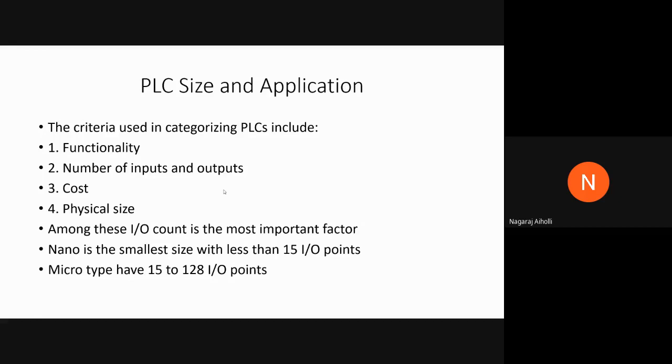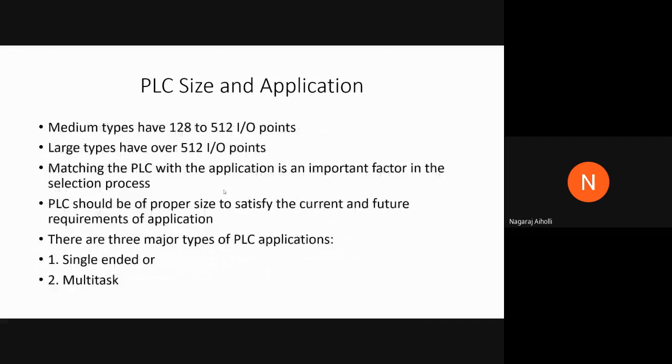Then the next higher version is micro PLC, which is having 15 to 128 input output points. Then coming to the medium sized PLCs, which are having the number of inputs and outputs between 120 to 1.